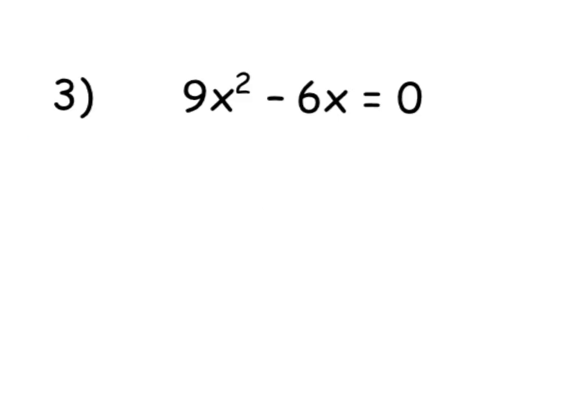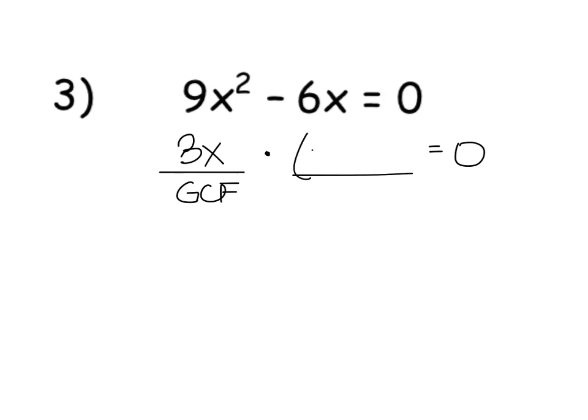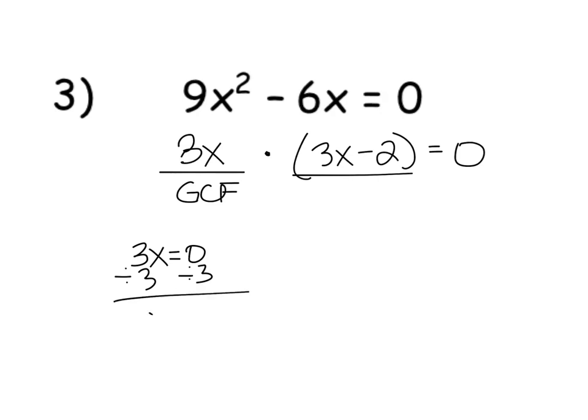In our last example, we have GCF factoring possible in this problem. So I still need to get two numbers that multiply together to equal 0 so that I can use the zero product property, but this time I have a GCF that I can pull out front. My GCF here is 3x, and when I pull out a 3x, I'm left with 3x - 2. So setting 3x equal to 0, I get x = 0.